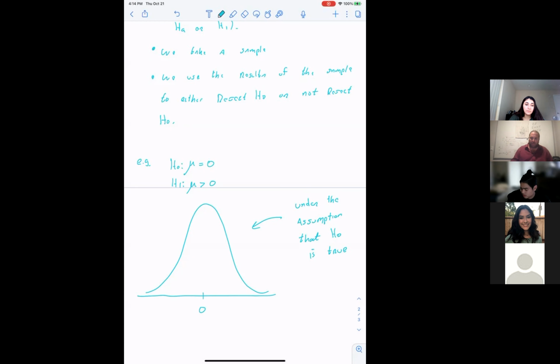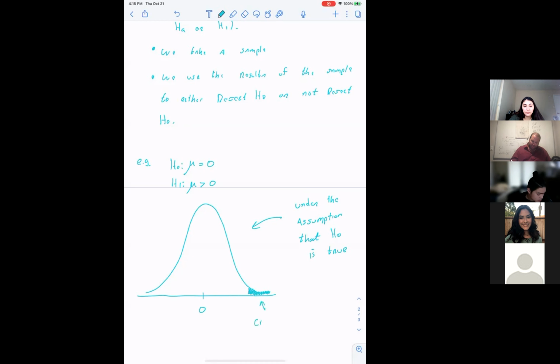Okay. Now, if I got a sample mean of a huge negative number, like negative 1,000, would that support the claim that the mean is greater than 0? Would a negative sample mean support the claim that the mean is greater than 0? No, which means the only location on this curve where I might get data to support the alternative would be to the far right: big positive values.